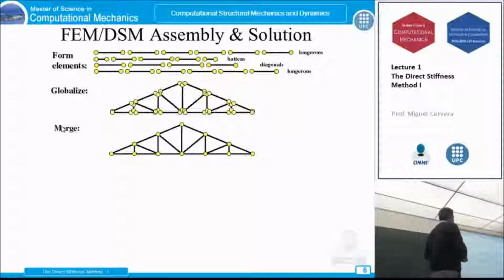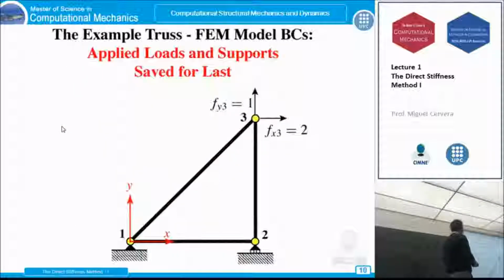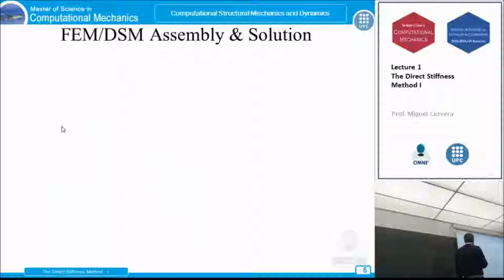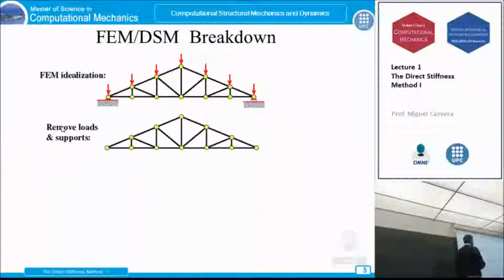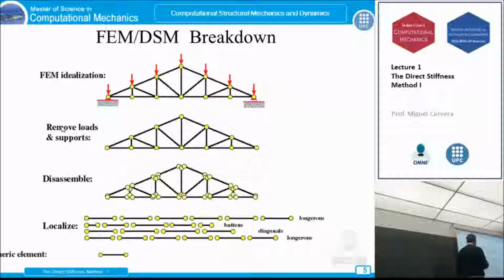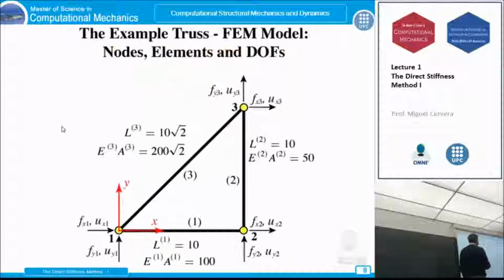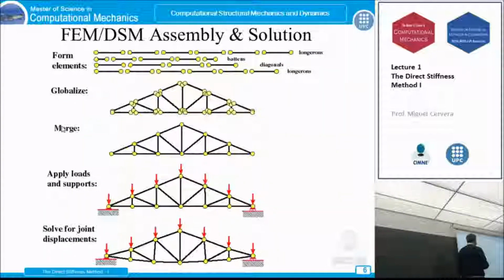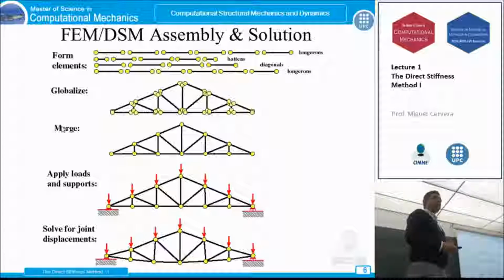We merge. We mean that we identify that this node and this node are all the same. We put back the loads and the supports, and we solve. So those are the steps that we always do.